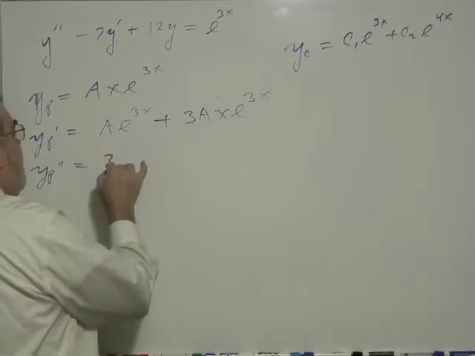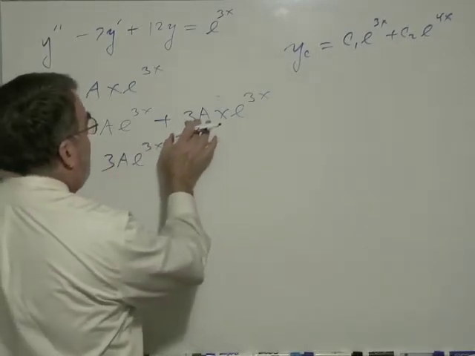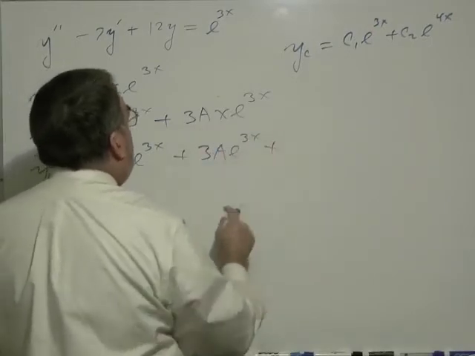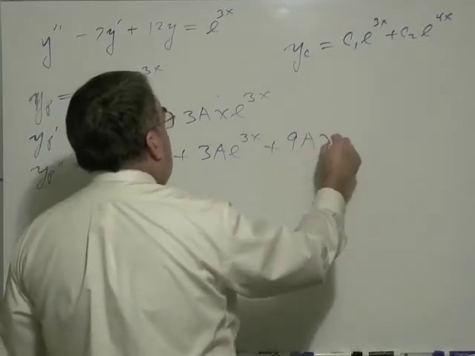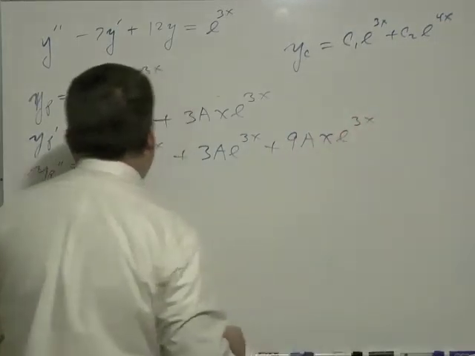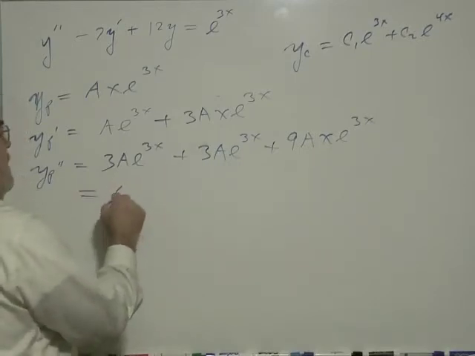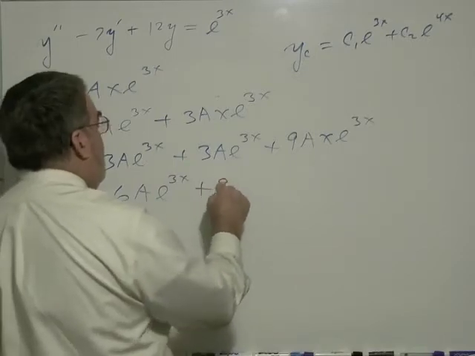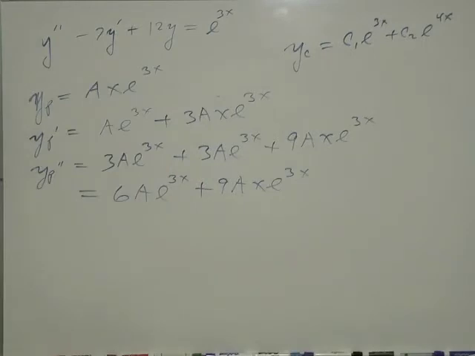So we have 3a e to the 3x plus 3a e to the 3x plus 3 times 3, 9a x e to the 3x. And we can combine the first two terms, so that becomes 6a e to the 3x plus 9a x e to the 3x. There we go.